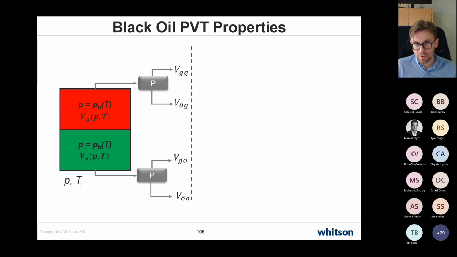If we start from the top, the formation volume factor for gas is the reservoir volume from the gas phase divided by the surface volume of gas originating from that reservoir gas phase. The solution CGR, also called the RV, is the surface oil originating from the reservoir gas divided by the surface gas originating from the reservoir gas.